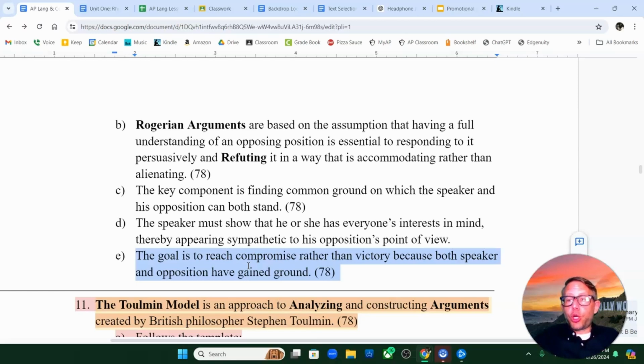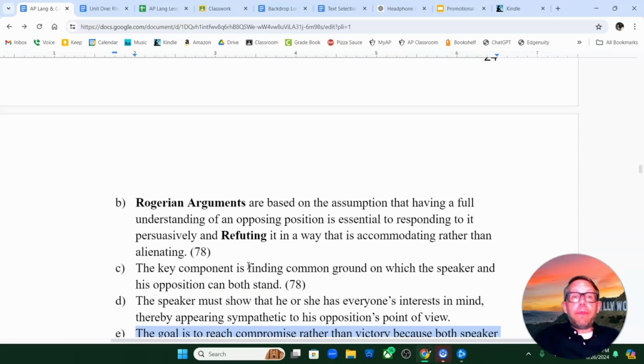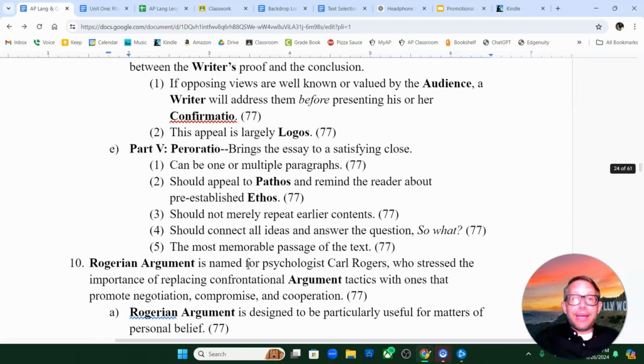The fact that there could be that concept of compromise and that both have gained ground in the process. Very unlikely, very unusual, but also pretty awesome. And hopefully it's something that you can experiment with and have the opportunity to try your hand at whenever you get in arguments and debates. So that's Rogerian argument right there.